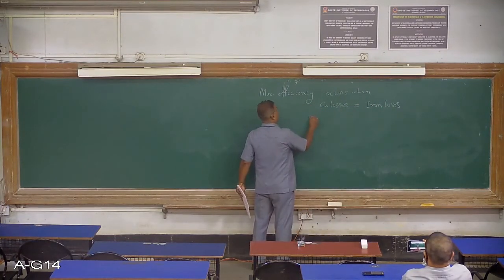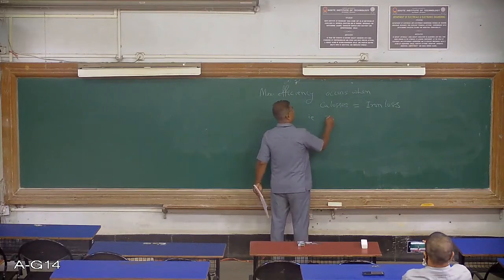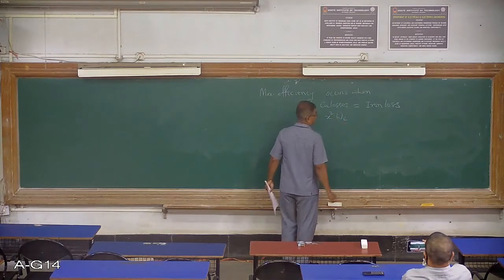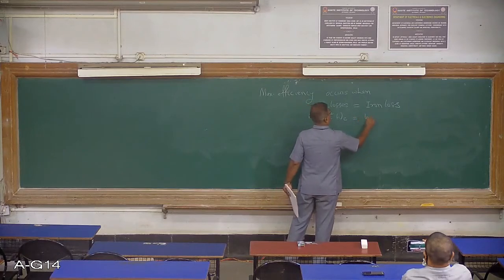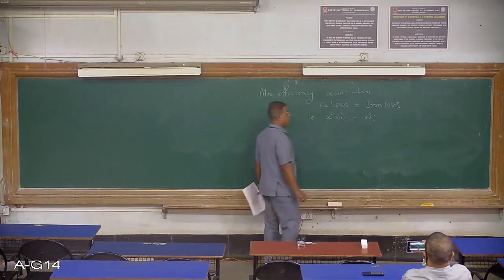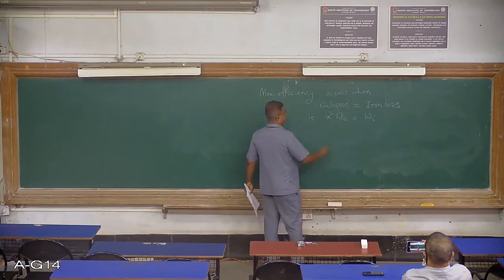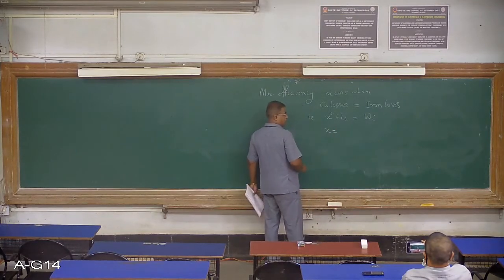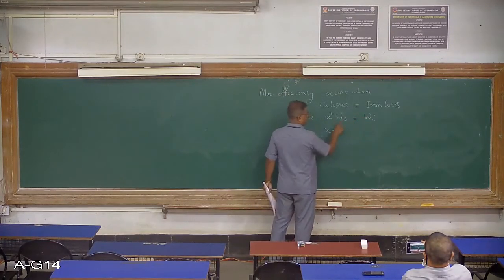So at any load, copper loss is given by x squared times WC. Iron loss remains constant as WI. So therefore, x squared equals WI by WC, and x is equal to the square root of WI by WC.